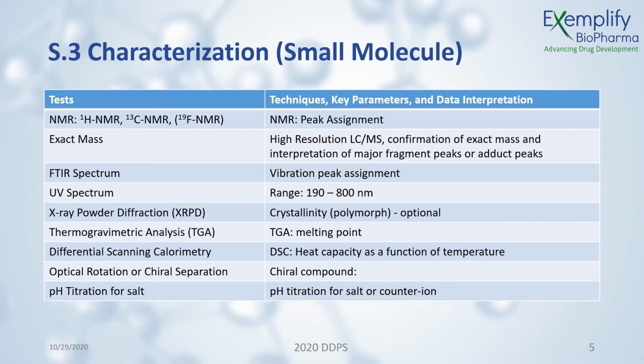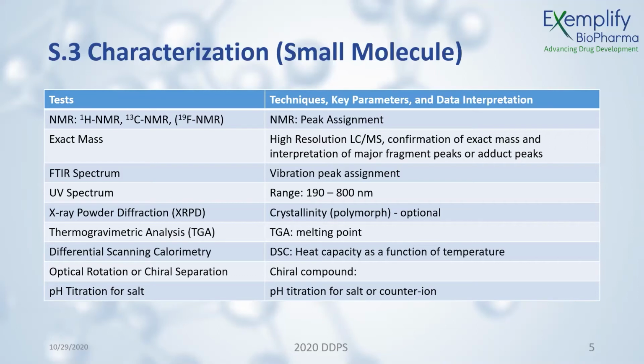For UV spectrum, you need to acquire in the range of 190 to 800 nanometers, especially for EU filing. Some of the UV spectra are collected from 190 to 400, which is not sufficient. Such as the German agency wants to see all the way to 700, just to see if there is any observability under ambient light.